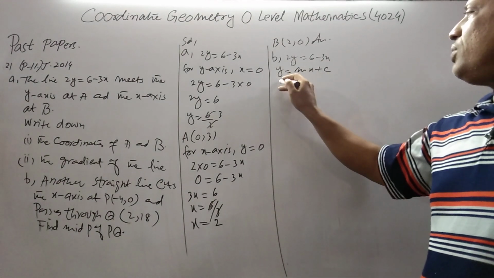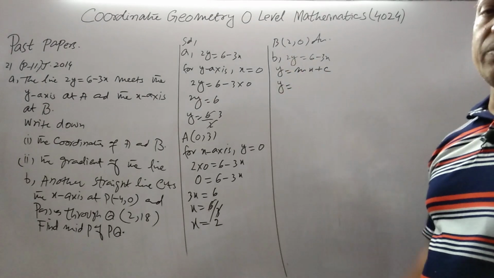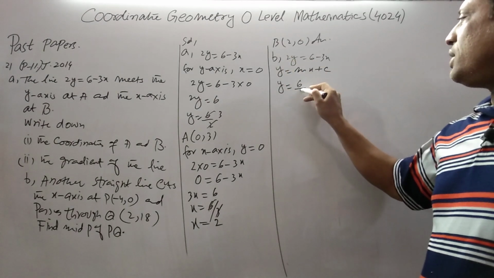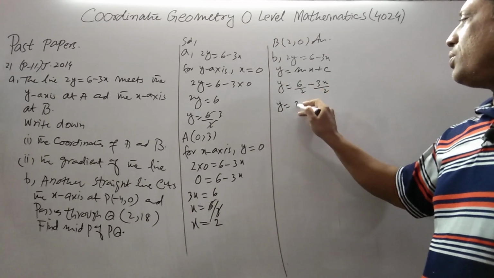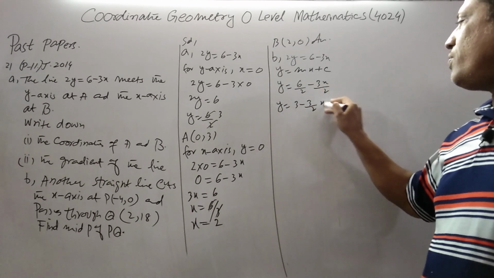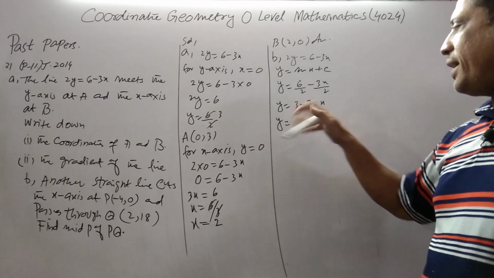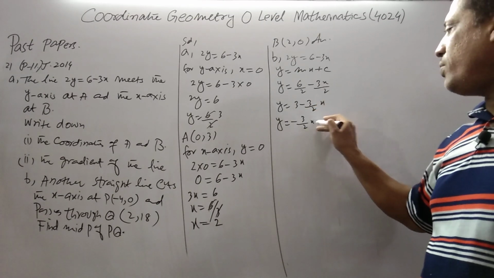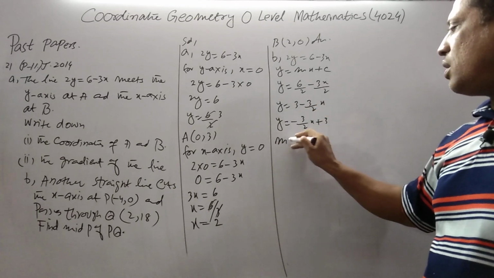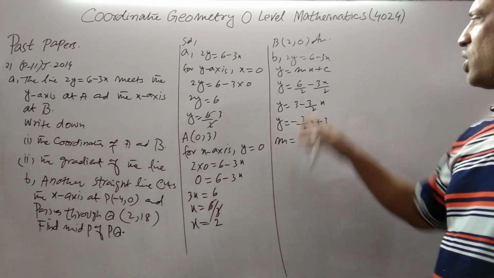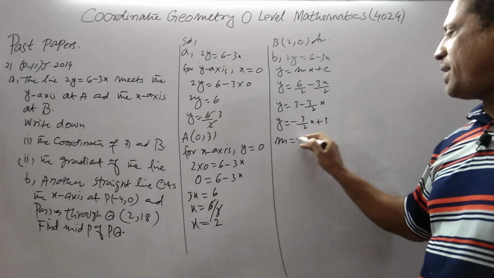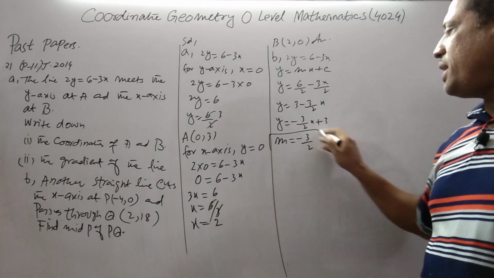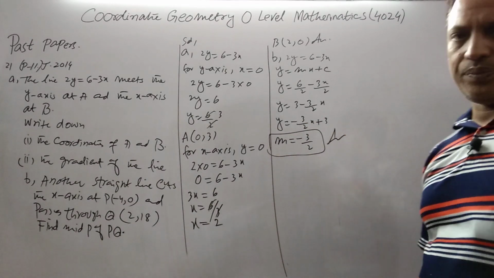This 2 is multiplied, so we divide on both sides. 6 upon 2 is 3, minus 3 over 2 x, or write x first, minus 3 over 2 x plus 3. If you compare, the coefficient of x is the gradient in the general equation of the line, and the coefficient of x over here is minus 3 upon 2.